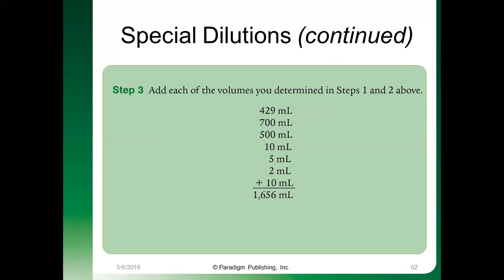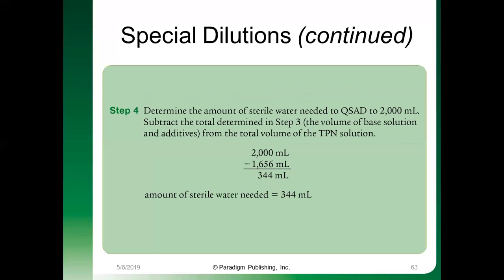Sorry, lost it. So sodium chloride was 10, potassium chloride was 5, the potassium phosphate was 2 mL, and then the multivitamin was 10. So adding all our base solution plus our additives, we get a total of 1,656 mL. So the rest is going to be the water.